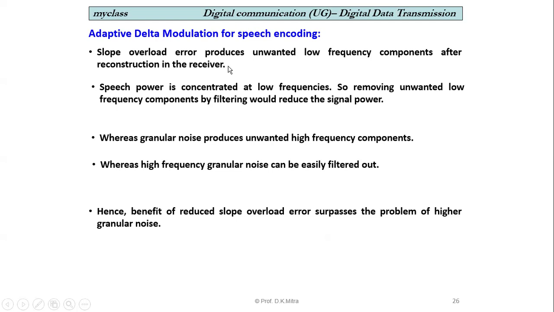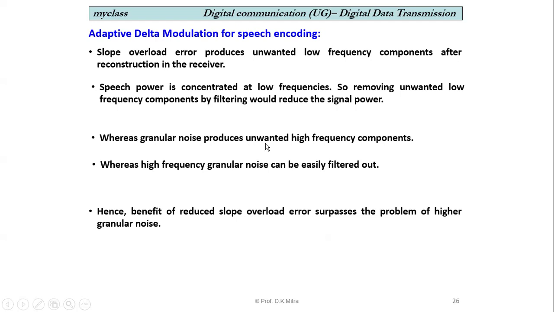If they were reduced, then there was not much necessity of removing them by filtering, and so the signal power is maintained. So by reducing the slope overload error, I have a more powerful signal. But on the other hand, it increases the granular noise.